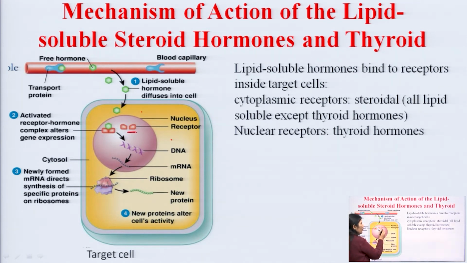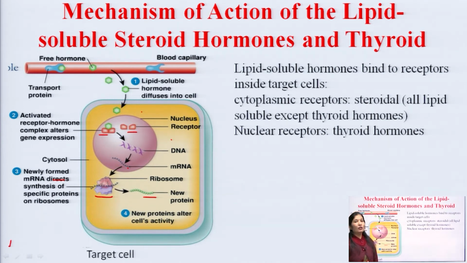This is the receptor. The hormone binds with the receptor and alters the gene expression, and this DNA will form the new mRNA. This newly formed mRNA directs the synthesis of new proteins on the ribosomes, and these proteins can be enzymes.